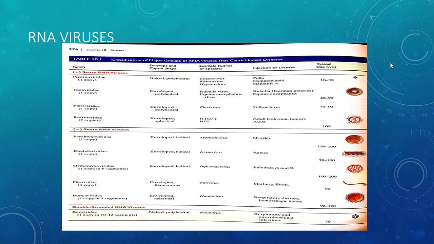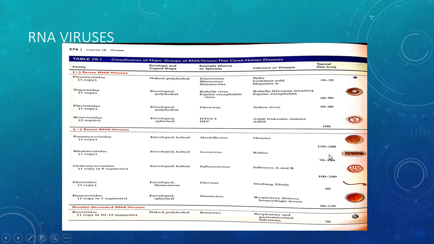Different genera of paramyxoviruses are responsible for mumps, measles, viral pneumonia, and bronchitis in children, and mild upper respiratory infections in young adults. They have different sizes, about 150 to 200 nanometer in size.